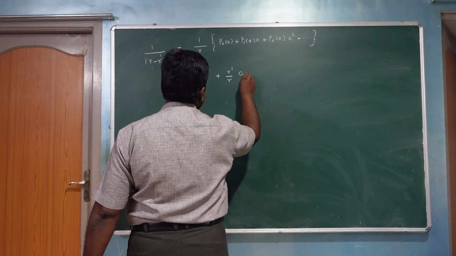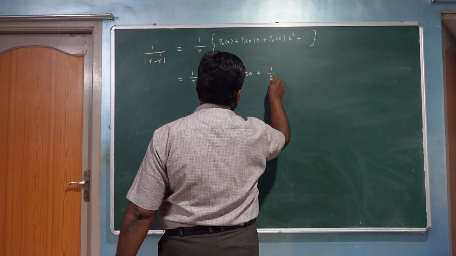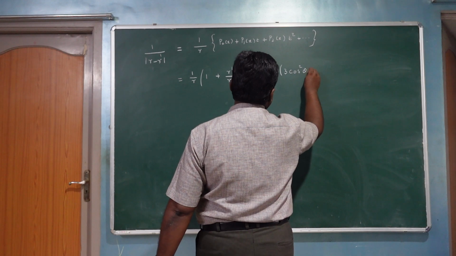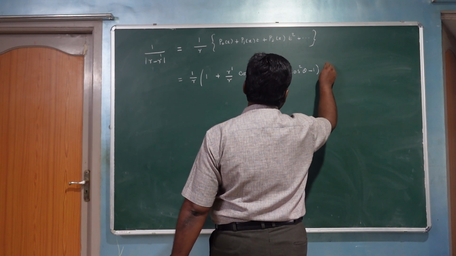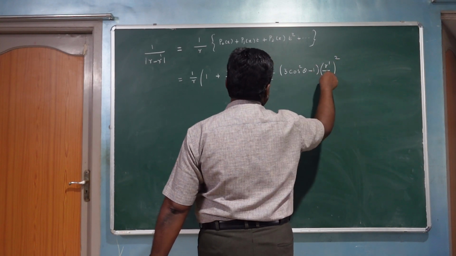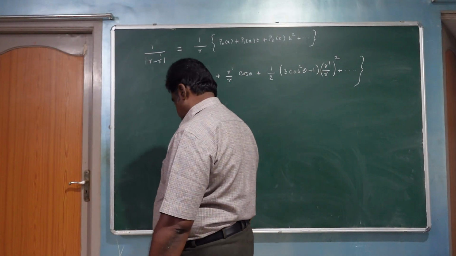P1 of x is cos theta. The value of P2 of x is 1 by 2 into (3 cos square theta minus 1), then r dash by r whole square. t square is this much. The series is continued.